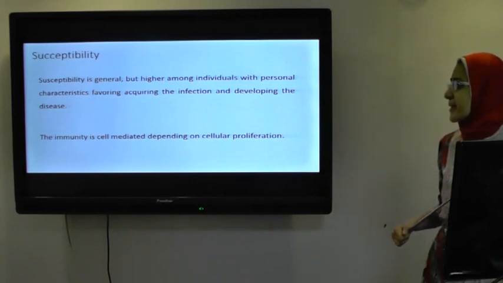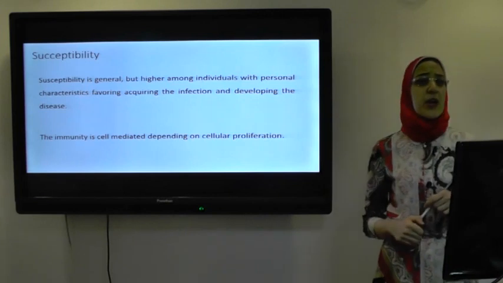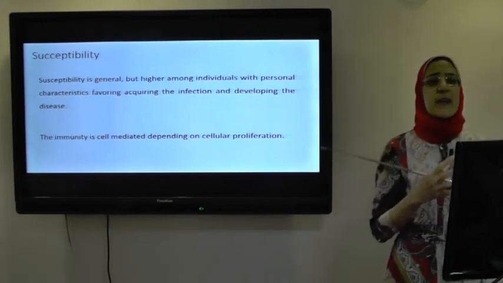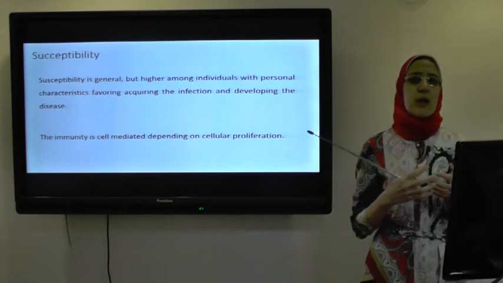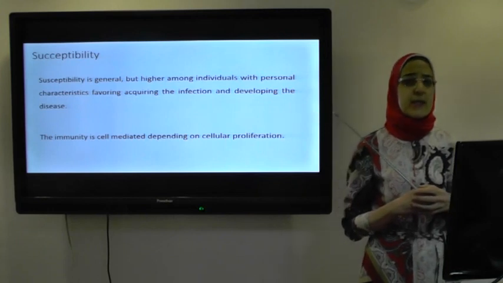Regarding susceptibility, TB infection is general, but of course higher among persons who have personal characteristics that make them more prone to get the infection and to develop the disease.